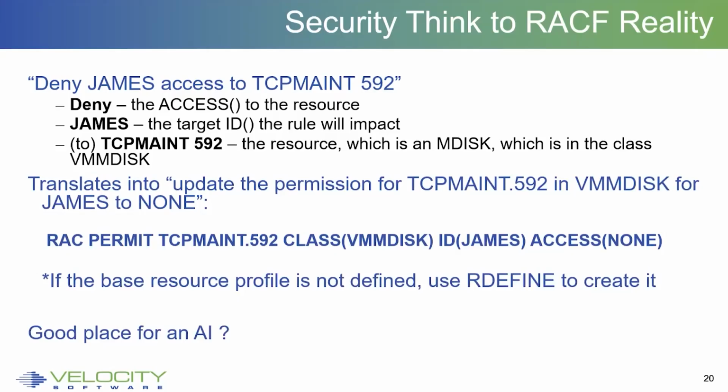TCPMAINT 592 is the resource, which happens to be an MDisk or a mini disk, and that is in the RACF class VMMDISK. So that translates into: update the permission for TCPMAINT.592 in VMMDISK for James to none, or the RACF command as listed with the options as presented.